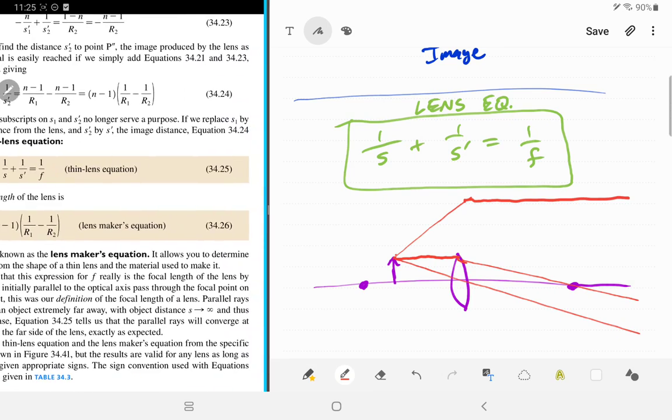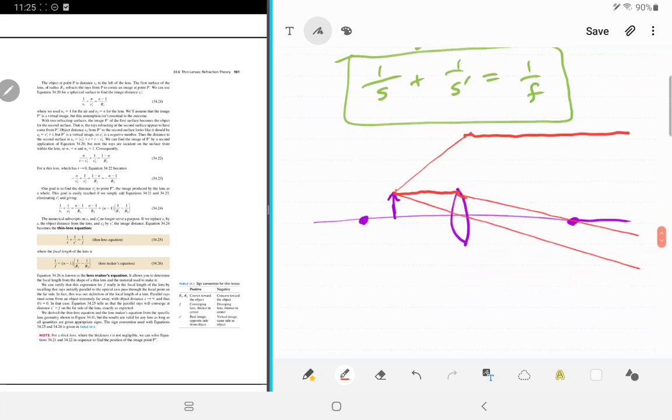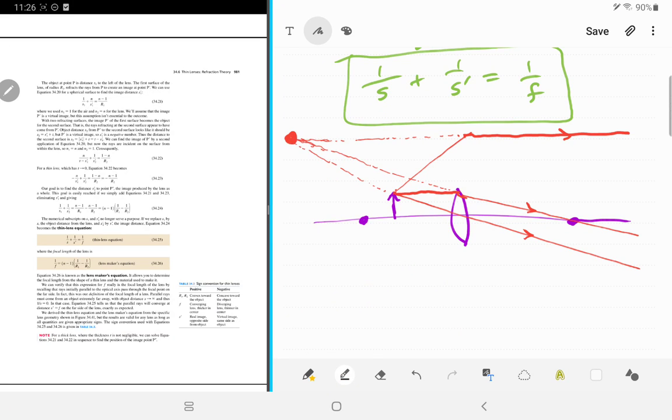So all of these, if we trace them back, see how they're spreading out after they go through the lens? By the way, the light is going this way for all of these. If you trace it back, it looks like you get a virtual image that's way over here. Oof, that one's a tough one. If you did that one successfully, you're doing pretty well already. But really, these take a little bit of practice.